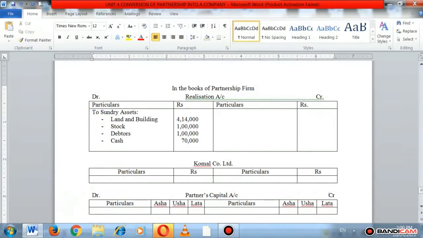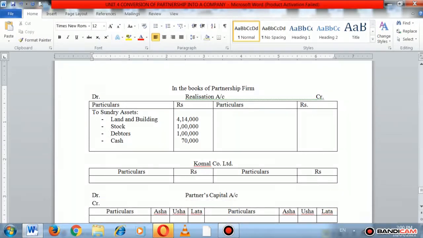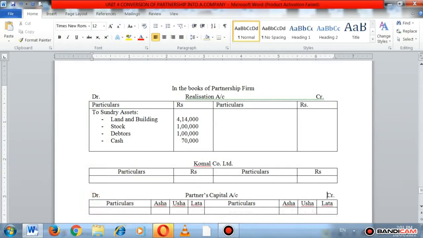Here also debit, credit. Okay, now we transfer all assets to realization account at book value.